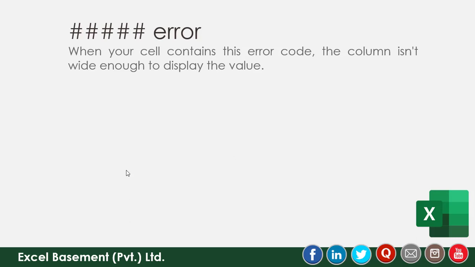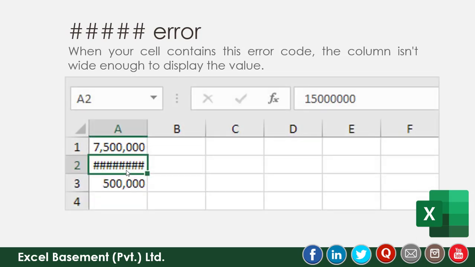Now this is not exactly an error, but novice users and beginners also get confused by the hashtags when they see them in an Excel cell. This is very easy to handle. For example, in A1 you see 7.5 million and in cell A3 you see 0.5 million, but in A2 you see hashtags.